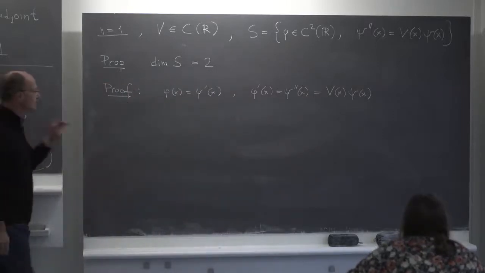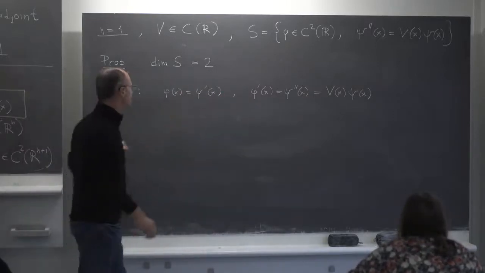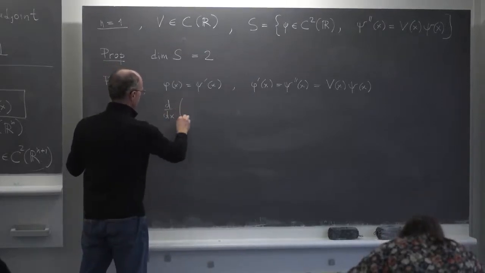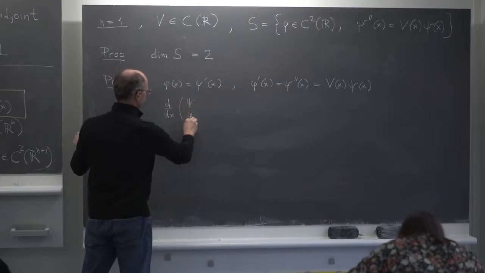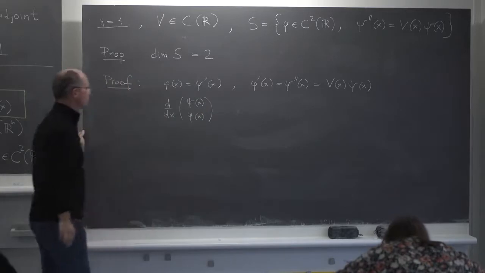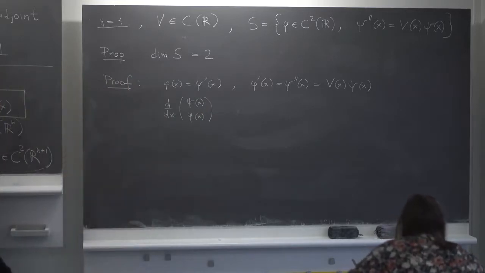So then I can rewrite those two lines in the following way. Let me say that I have a two-dimensional vector with entries psi of x and phi of x, and I consider its derivative.